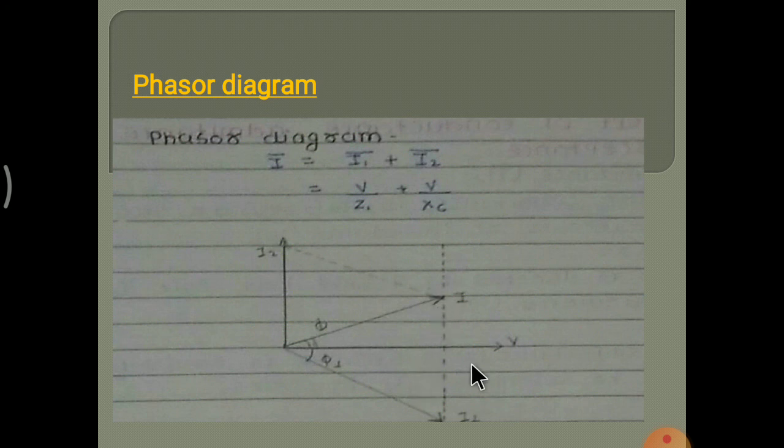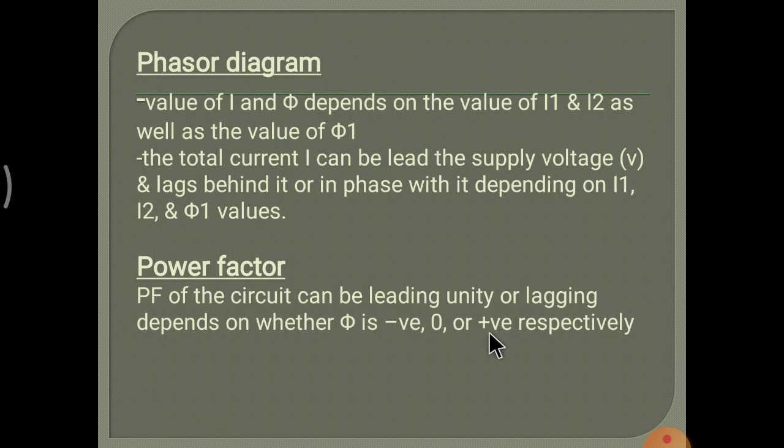When I is lagging to V and angle phi is negative, then the power factor is lagging. If phi is equal to 0 and I is in phase with V, then the power factor is unity. So the power factor of the circuit can be leading, unity or lagging, depending on whether phi is positive, 0 or negative respectively.